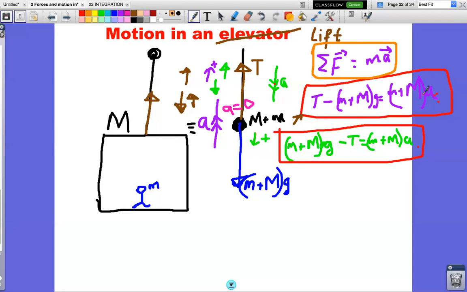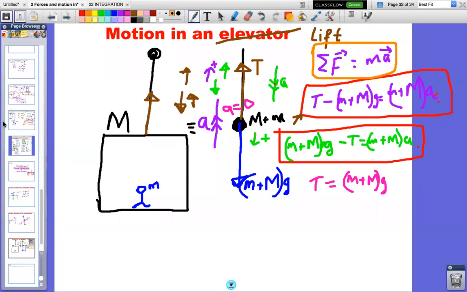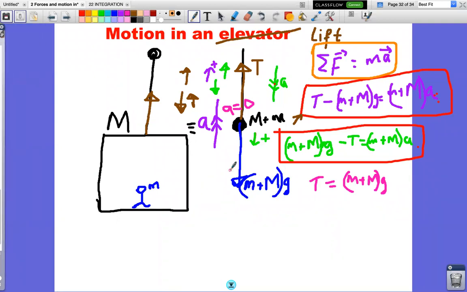In that case, you look at either of these two equations, you'll see that the tension is equal to m plus m times g. So if it's constant velocity, this force should be equal to the tension. So you know how to analyze that.